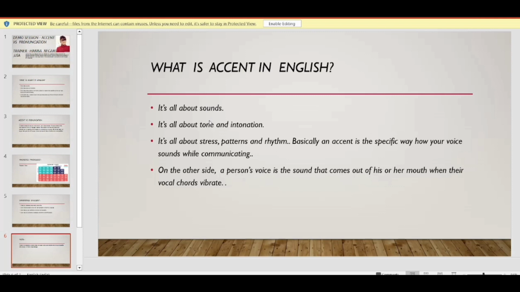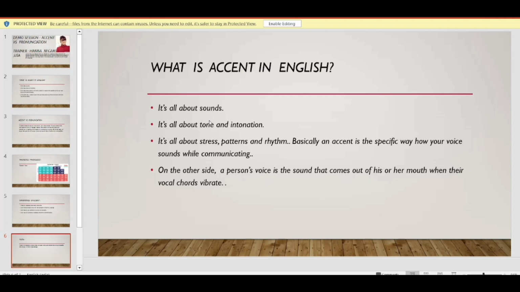Why I have decided to discuss this topic is because I have noticed a large number of students and people around the world have a lot of misconception about accent and pronunciation. Sometimes people think accent and pronunciation both are the same, but this is not the case. What is accent basically in the English language? It's all about sounds, tone, intonation, stress, patterns, rhythm.